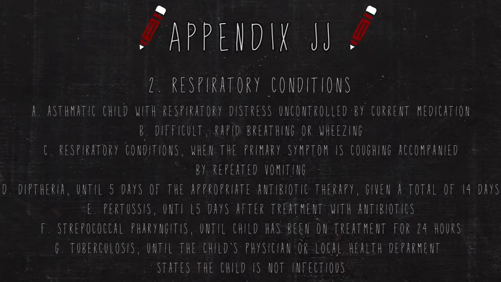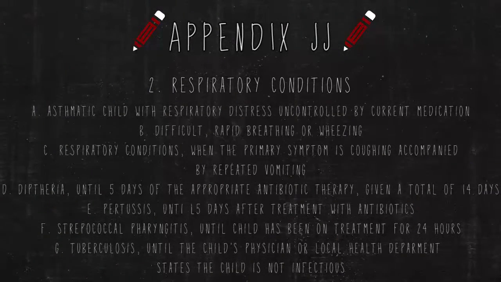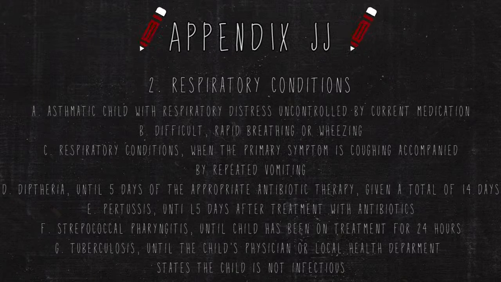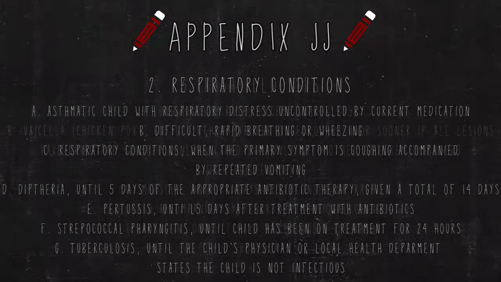E, pertussis until 5 days after treatment with antibiotics. F, streptococcal pharyngitis until child has been on treatment for 24 hours. G, tuberculosis until the child's physician or the local health department states the child is not infectious.